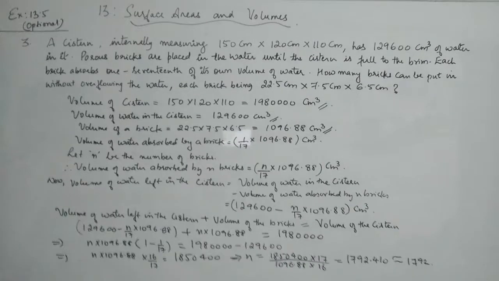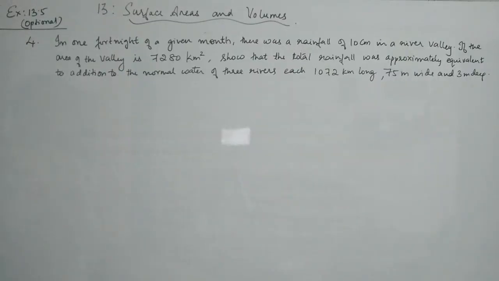Okay. Question number 4 is, in one fortnight of a given month, there was a rainfall of 10 centimeter in a river valley. If the area of the valley is 7280 km square, show that the total rainfall was approximately equivalent to the addition to the normal water of 3 rivers, each with length, breadth and depth given.